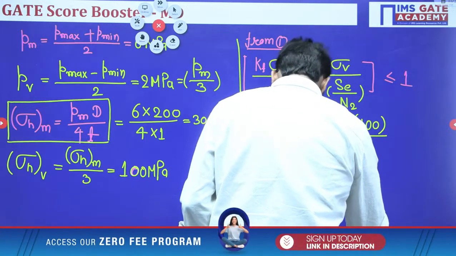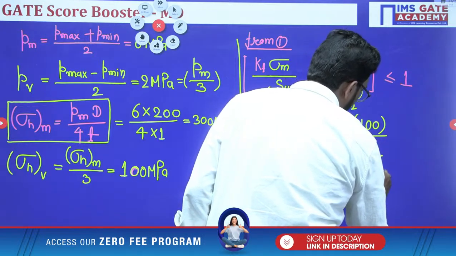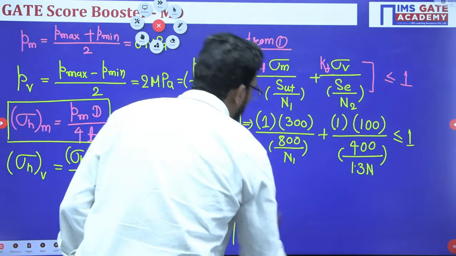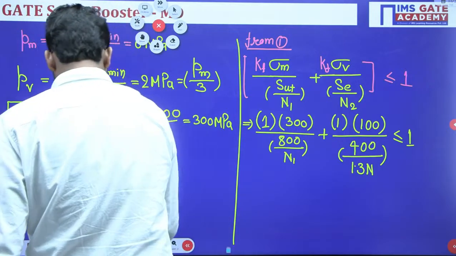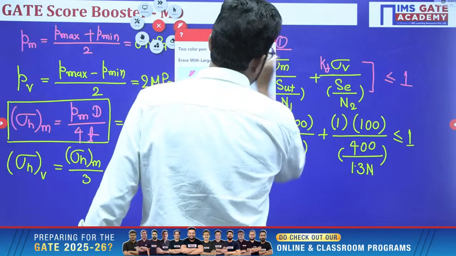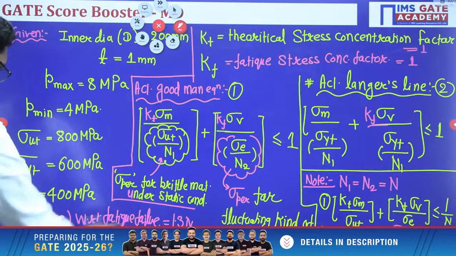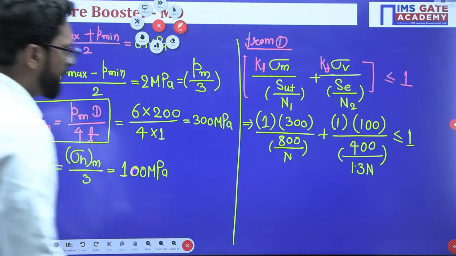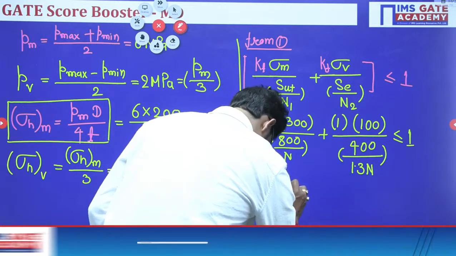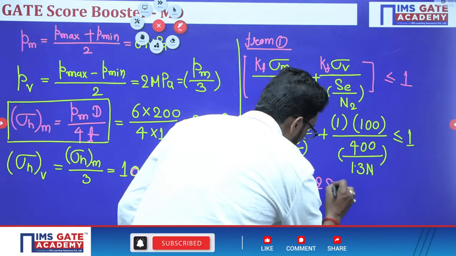S e is given 400 and n2 is given 1.3n, less than or equal to 1. So if you find the n value here, n1 is equal to n. So here, if you find this value, n is less than or equal to 1.428. This is the first.